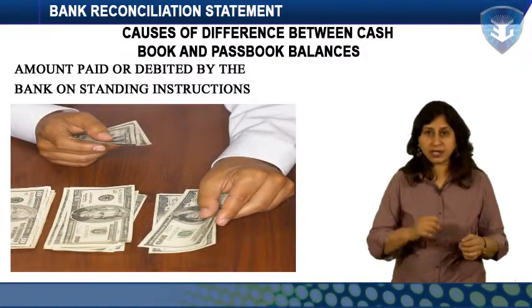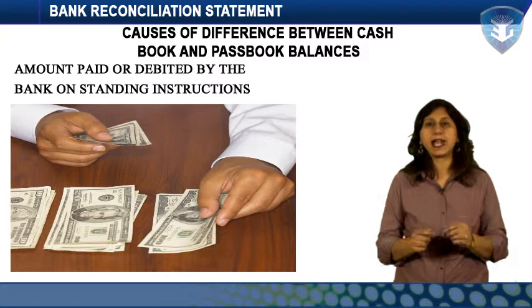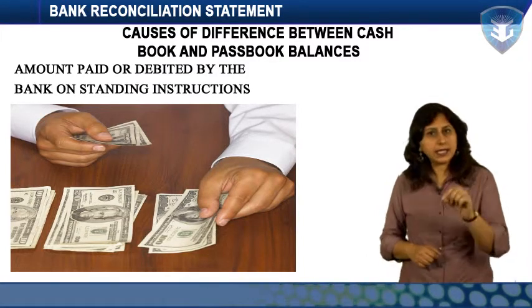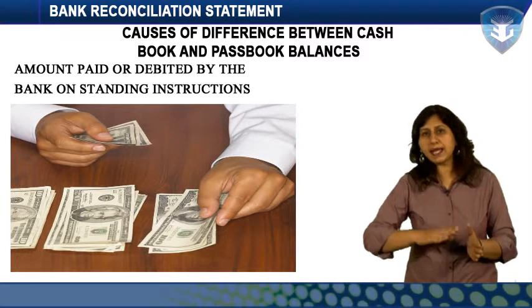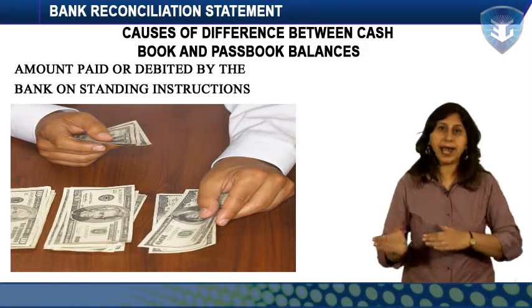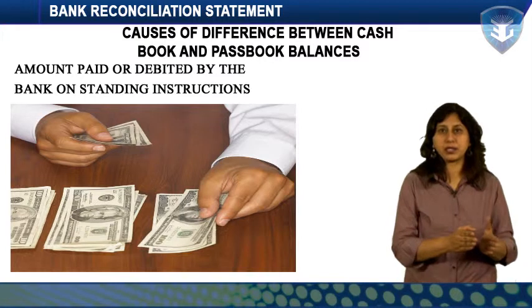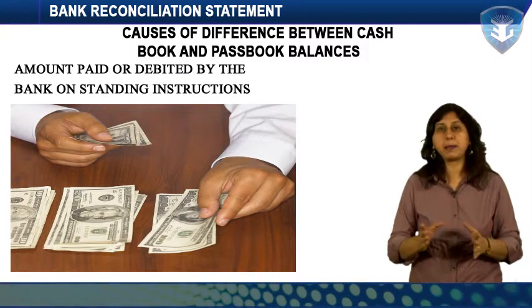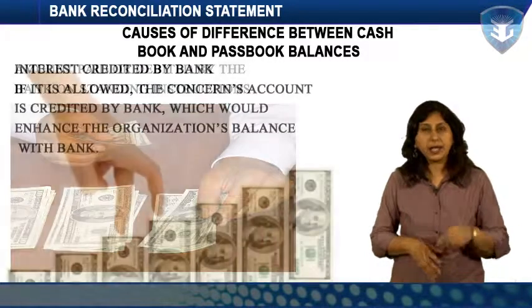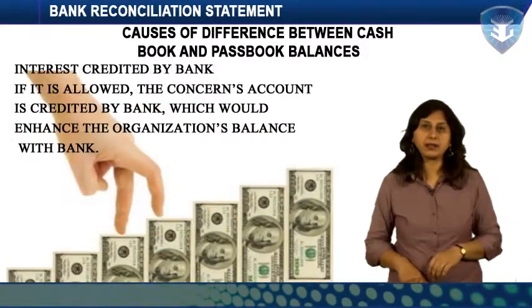Amount paid or debited by the bank on standing instructions. The concern may also issue standing instructions to the bank for making some payments on its behalf and debit the concern's account with it. For example, life insurance premium, rent, and payment of installments. Interest credited by bank.